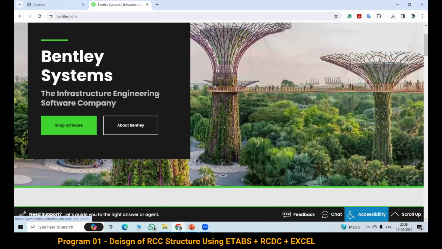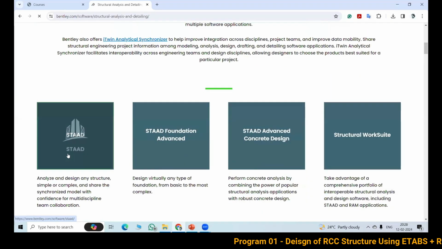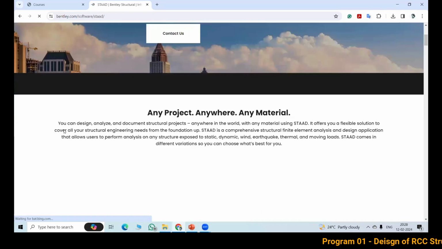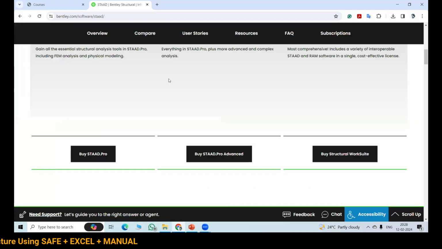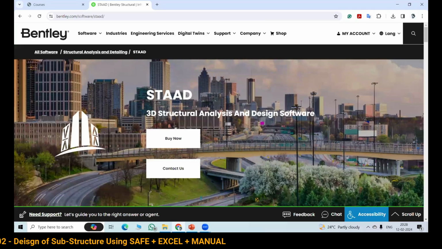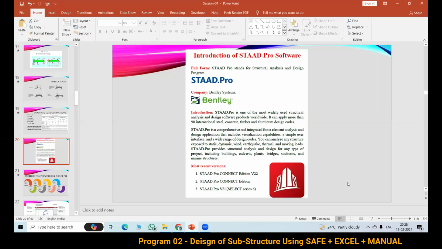Here you have a lot of Bentley products, and one of them is STAAD. You can design, analyze, and document structural projects anywhere in the world with any material using STAAD. You have some introduction over here and the various versions of STAAD. So let's go back to what we were discussing.